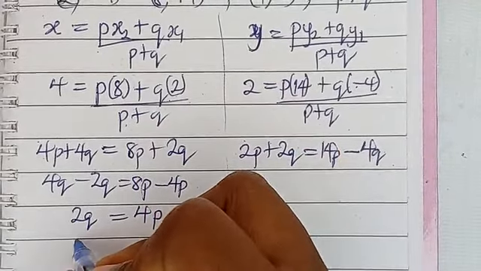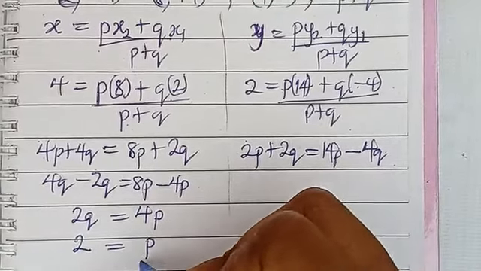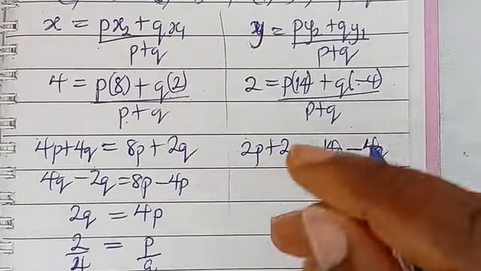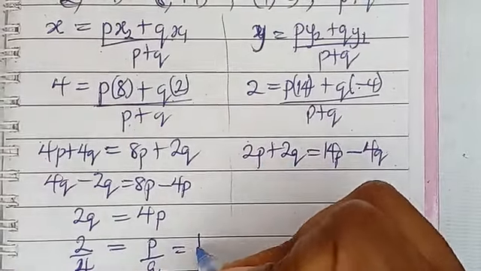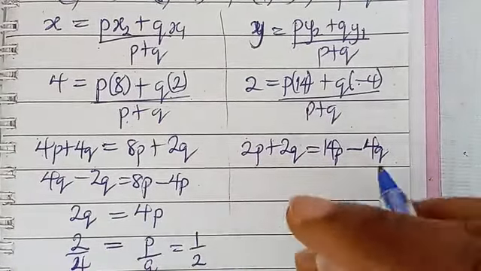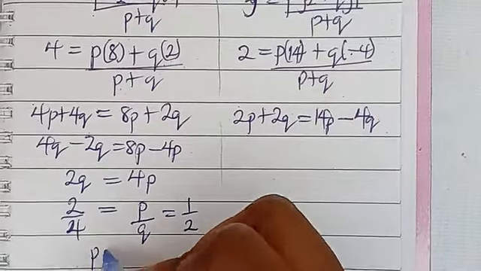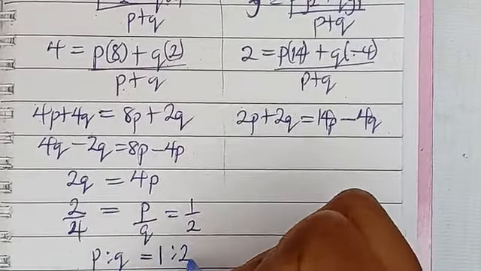So we now have 2 on this side is equal to p on this side, divided by q, so that 4 can go over here. And once we have 2 over 4 is equal to p over q, that means p over q is equal to 1 over 2. Therefore, the ratio p is to q is equal to 1 is to 2.